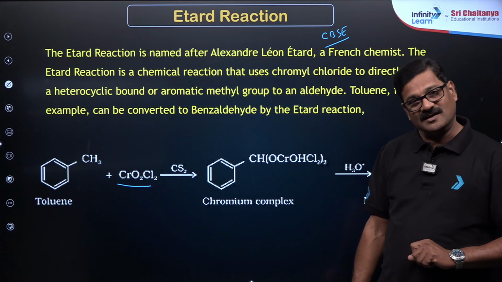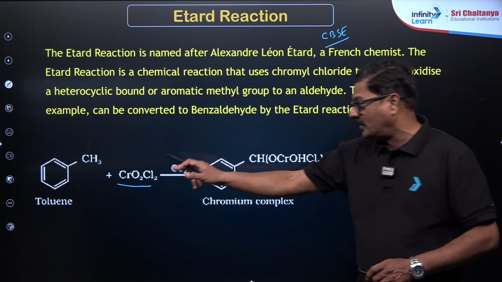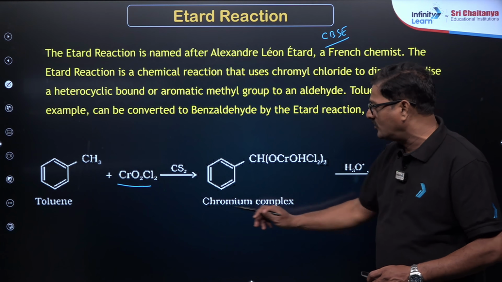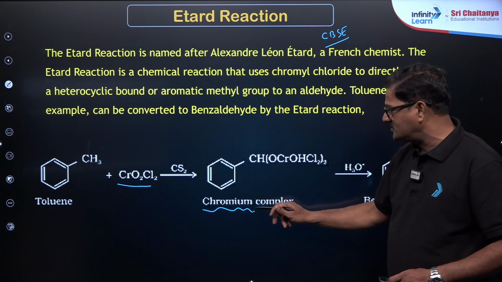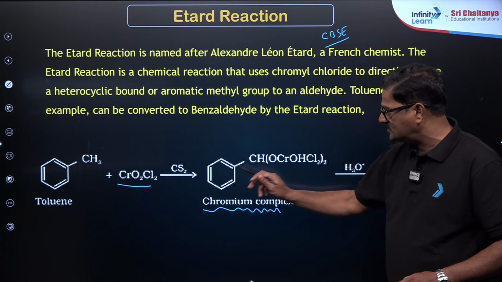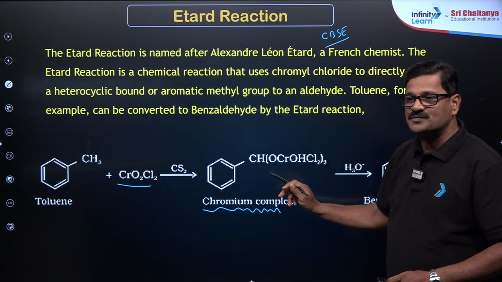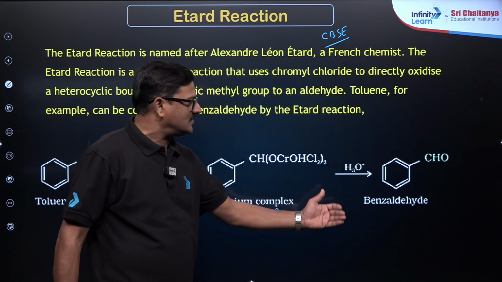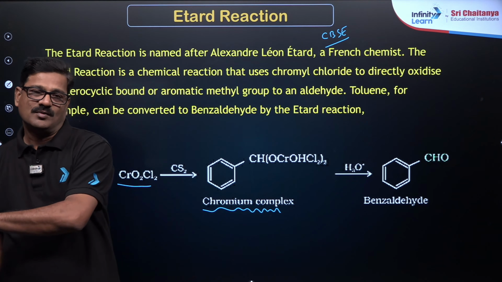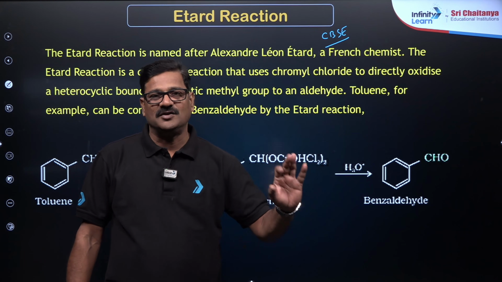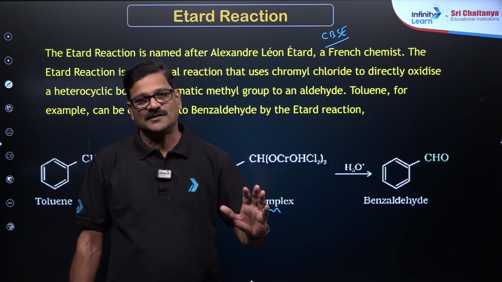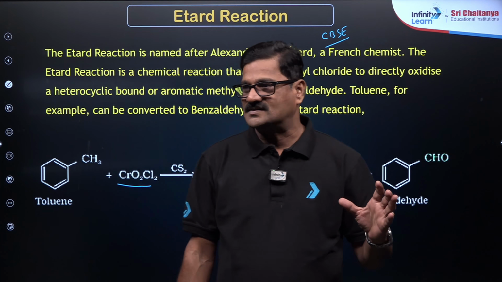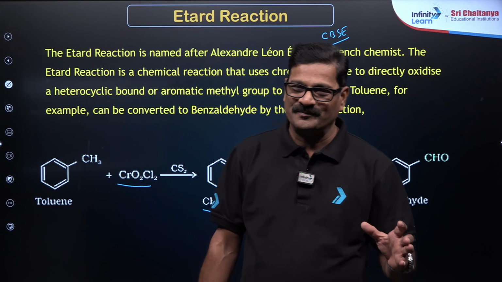In qualitative analysis, inorganic chemistry, chromyl chloride is treated in the presence of CS2 to get a chromium complex, and in the NEET examination this chromium complex structure may come in the options, beta. And further this is hydrolyzed to give rise to benzaldehyde. So toluene to benzaldehyde directly you can do by Etard reaction. You can use chromyl chloride followed by hydrolysis. Are you getting or not?